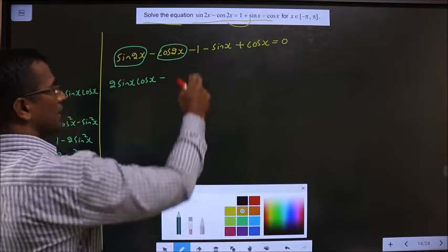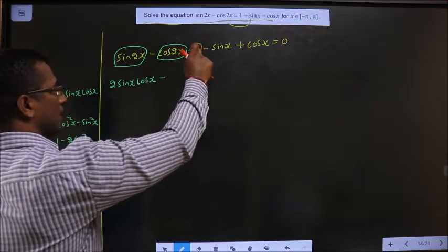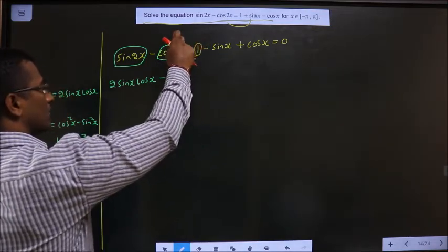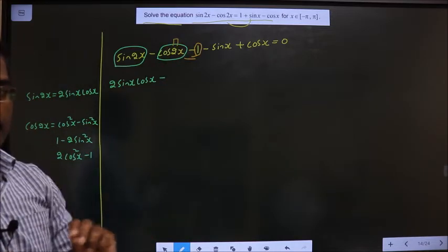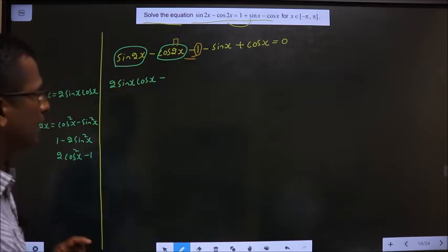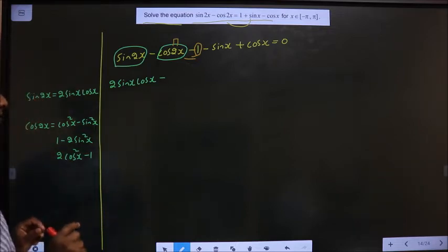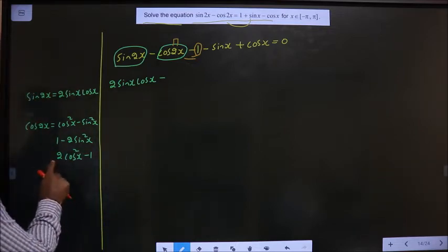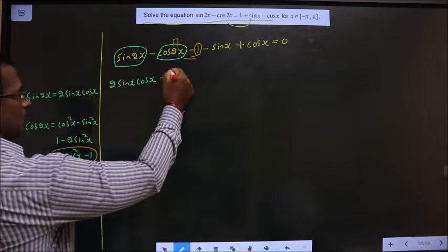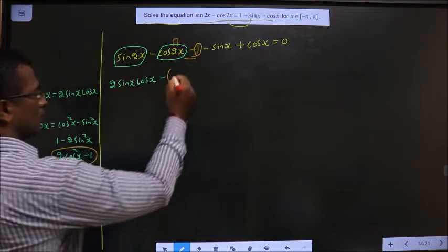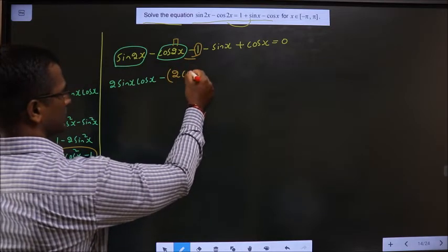See, here you have 1. Cos 2x formula should be used such that this 1 should get cancelled. 1 should get cancelled only if I make use of this formula for cos 2x. So minus of 2 cos square x minus 1.